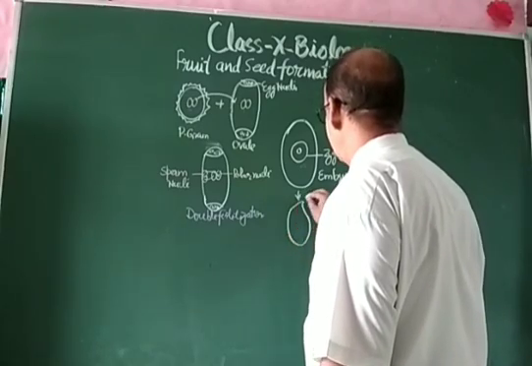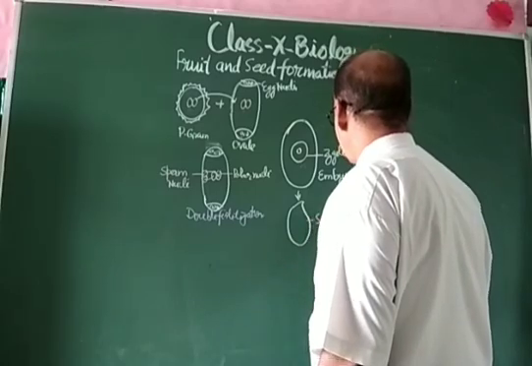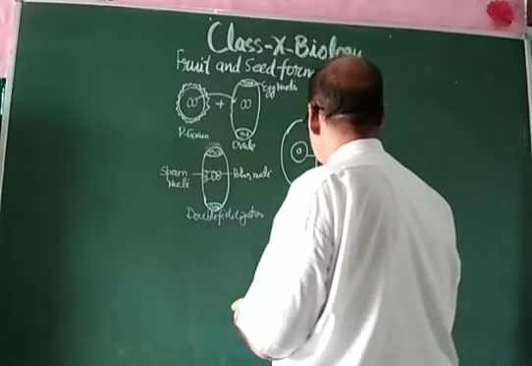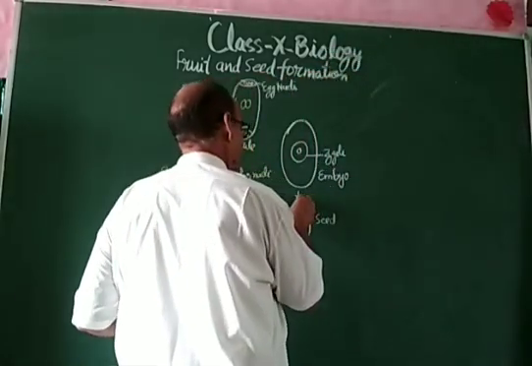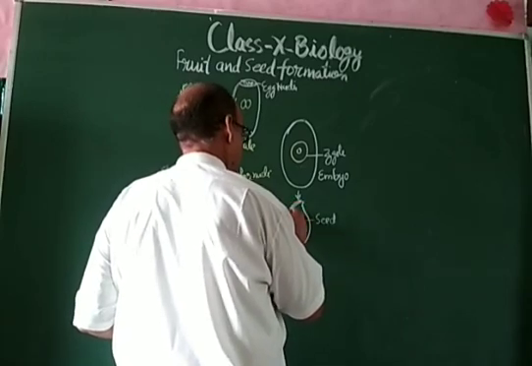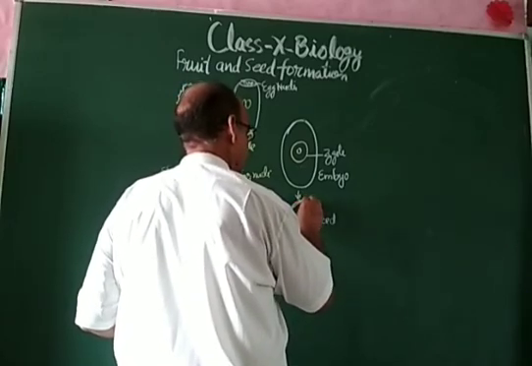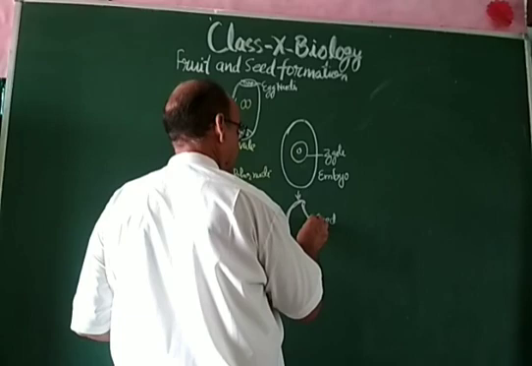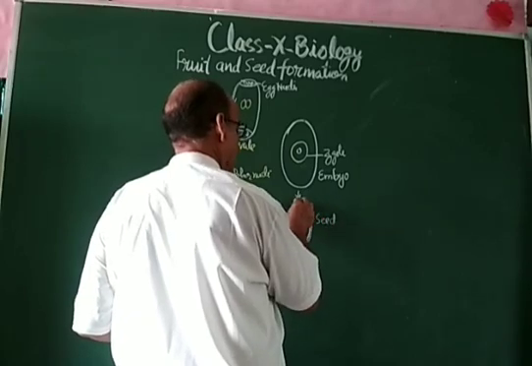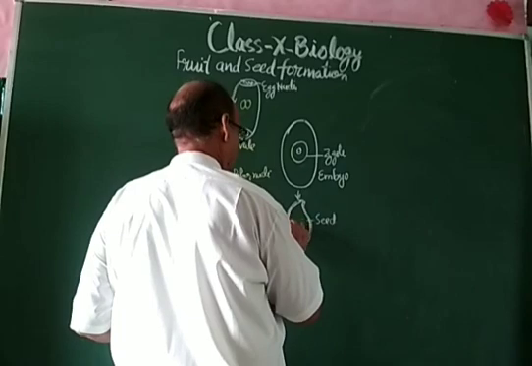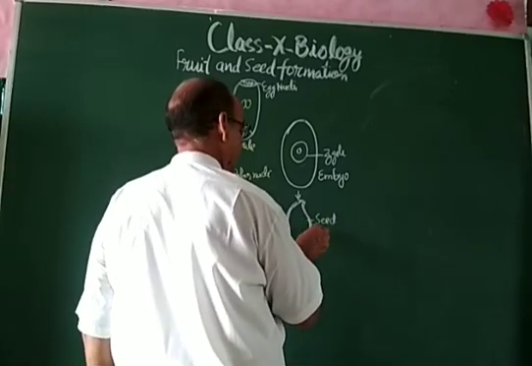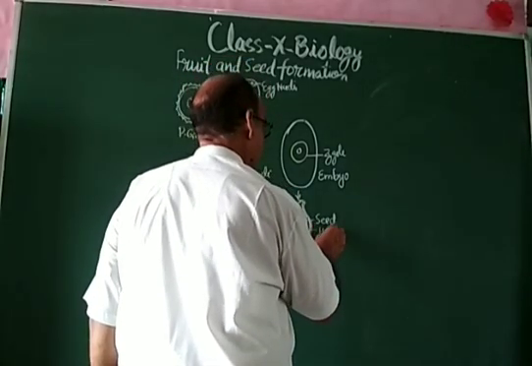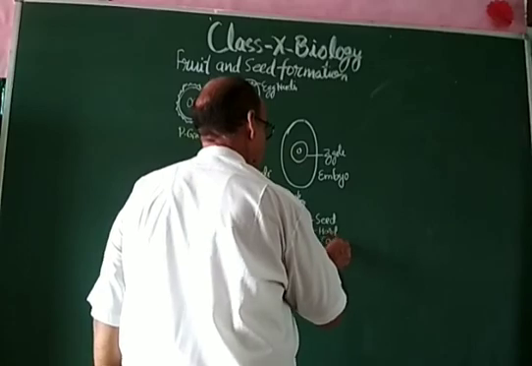Suppose this is a gram seed. It gets coated with a hard covering, which is called the seed coat, and it is formed of sclerenchyma, a hard coating.